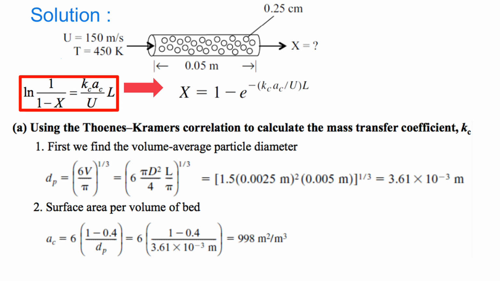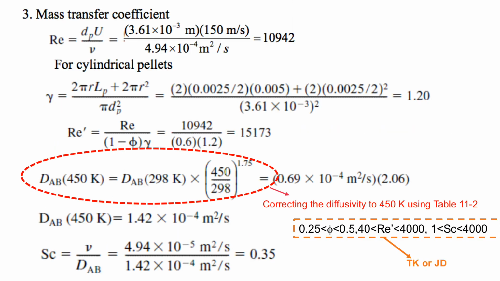So from here we can see the dP calculated is 3.61 × 10^-3, and AC is 998 meters square per meter cube. Okay, now before we can calculate your mass transfer coefficient, which is Kc, we need to solve first for gamma, Reynolds number, Schmidt, and also DAB.